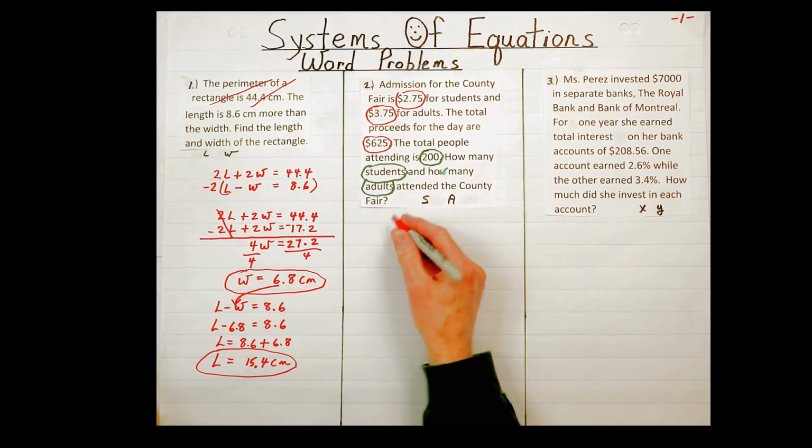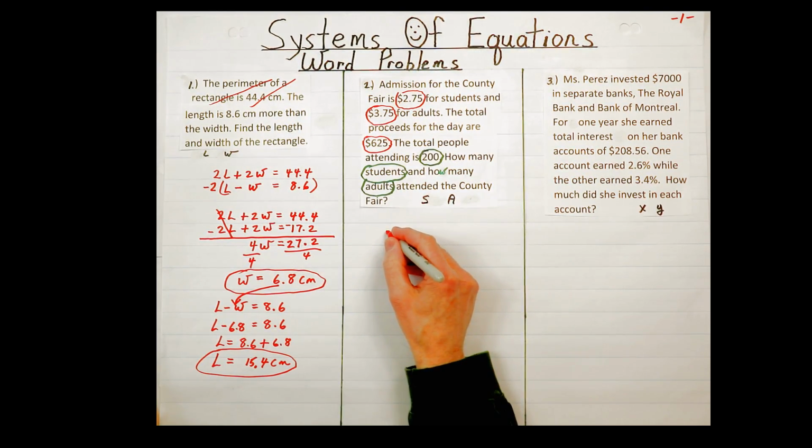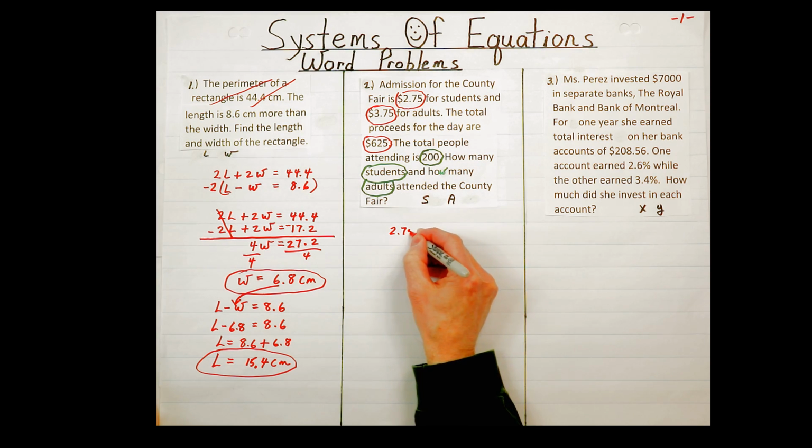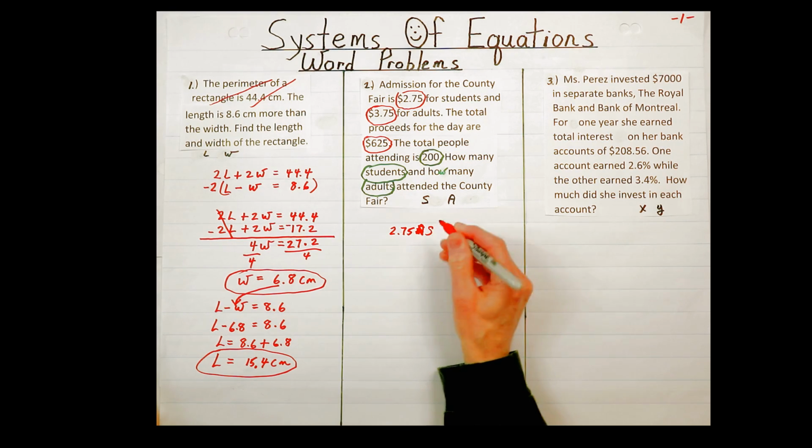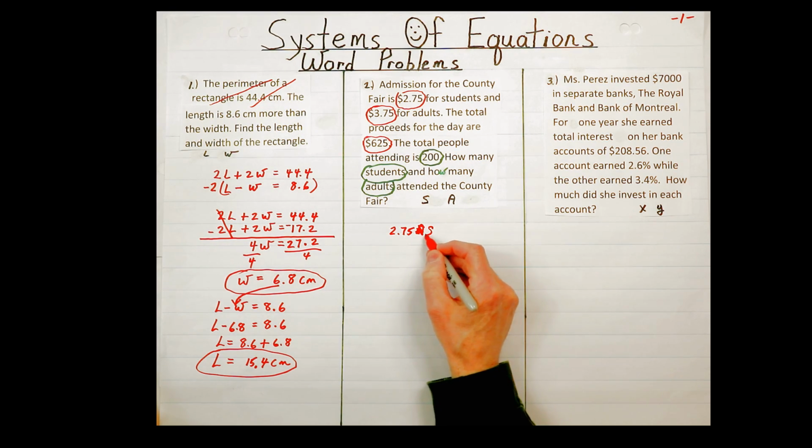So that equation will be $2.75 for, whoops, I didn't mean to put an A there. I meant to put an S there. $2.75 for students.